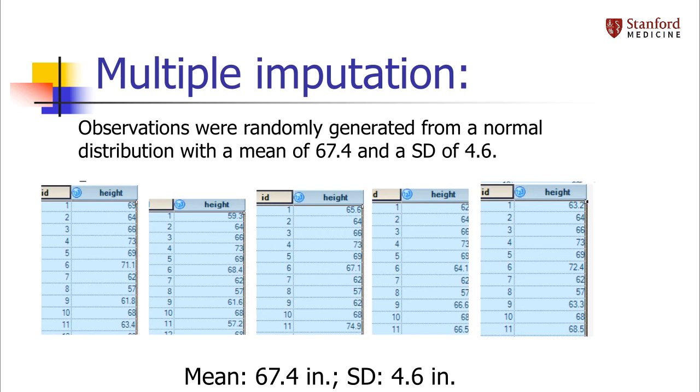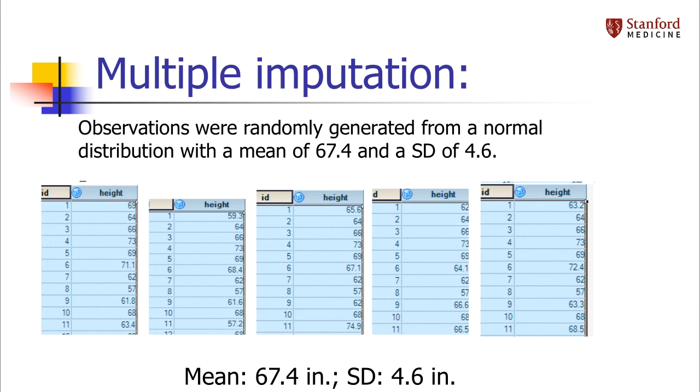Here, rather than giving every person with a missing height that same value of 67.4, I randomly generated heights from a normal distribution with a mean of 67.4 and a standard deviation of 4.6. I generated 5 heights per person, so I have 5 different data sets. But notice now my standard deviation is correct.